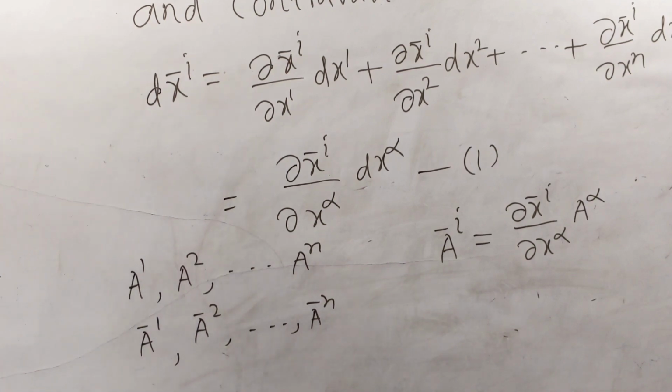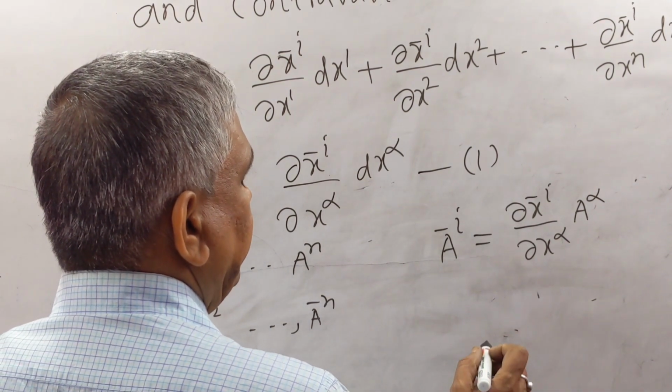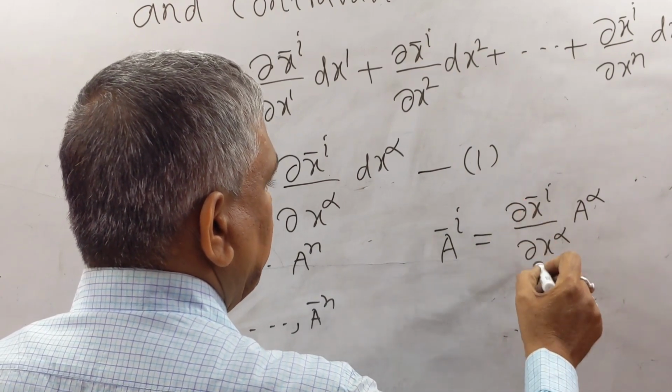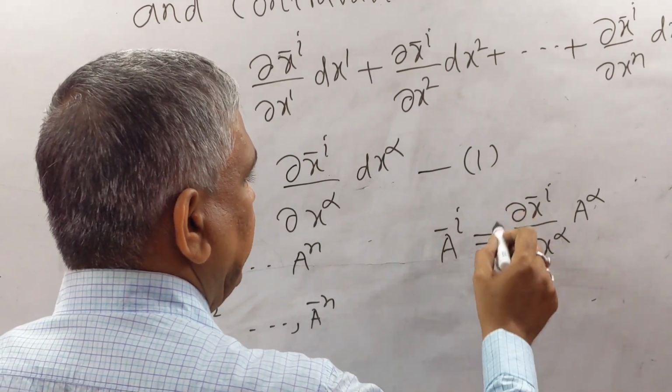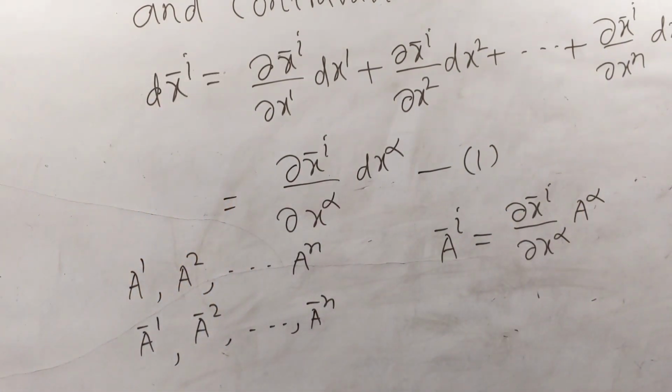Here we have used the term vector. A vector is a special case of tensor when the rank is 1. Rank is determined by counting the number of partial derivatives. Here the partial derivative count is 1, so the rank is 1.